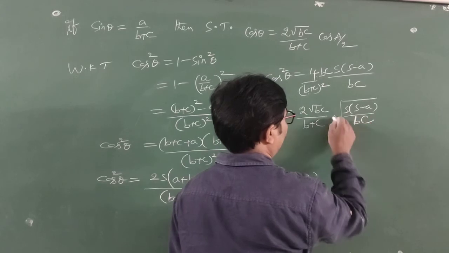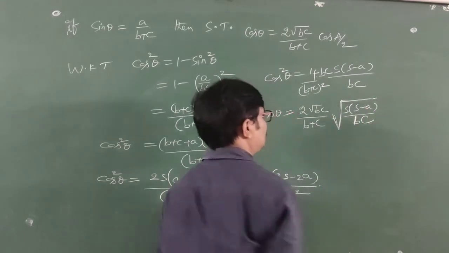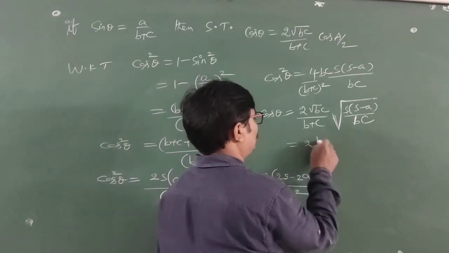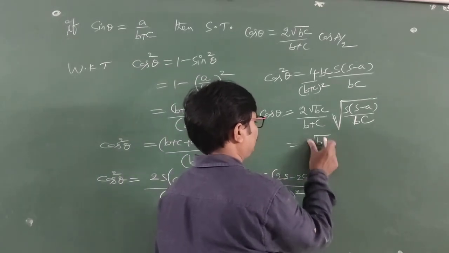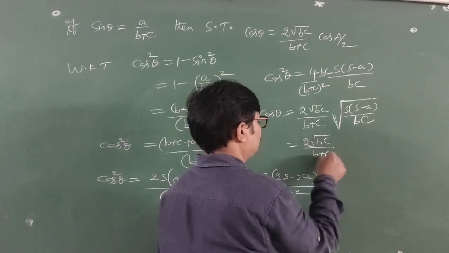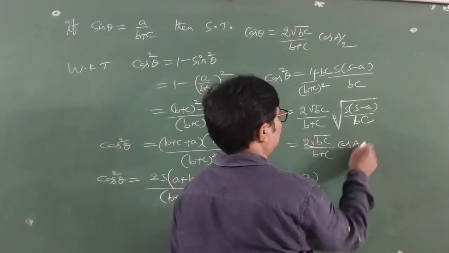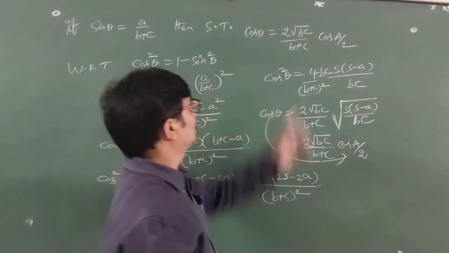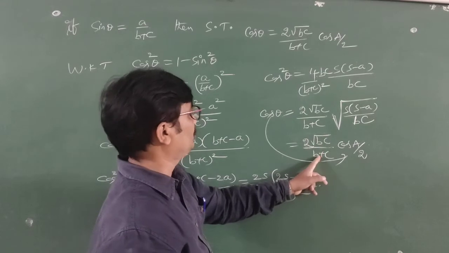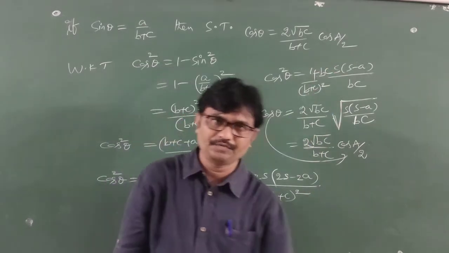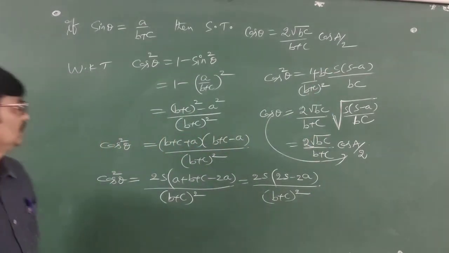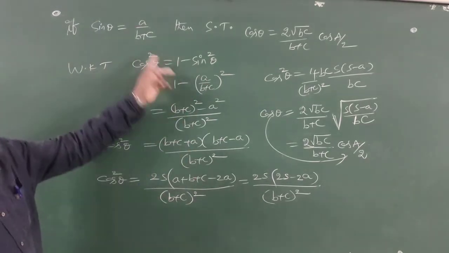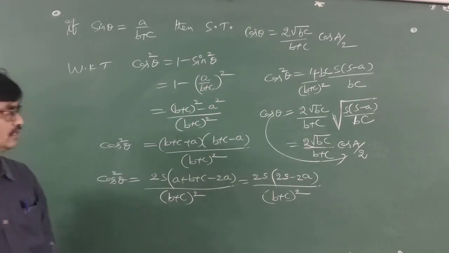This is the students, everybody knows that this is the half angle formula of cos. Cos theta equal to 2 into root of bc upon b plus c is the formula of cos of a by 2. This is the students, cos theta. Cos theta is 2 into root of bc by b plus c into cos of a by 2. How to write it, students? First we take cos square theta equal to 1 minus sin square theta. Sin theta is a by b plus c, whole square.